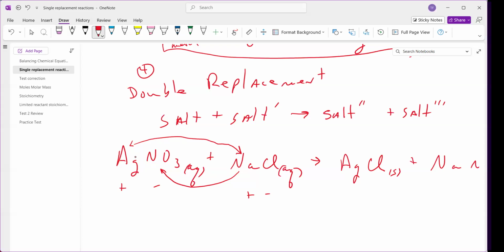Okay, so the question now is, do they stay an ion or not?